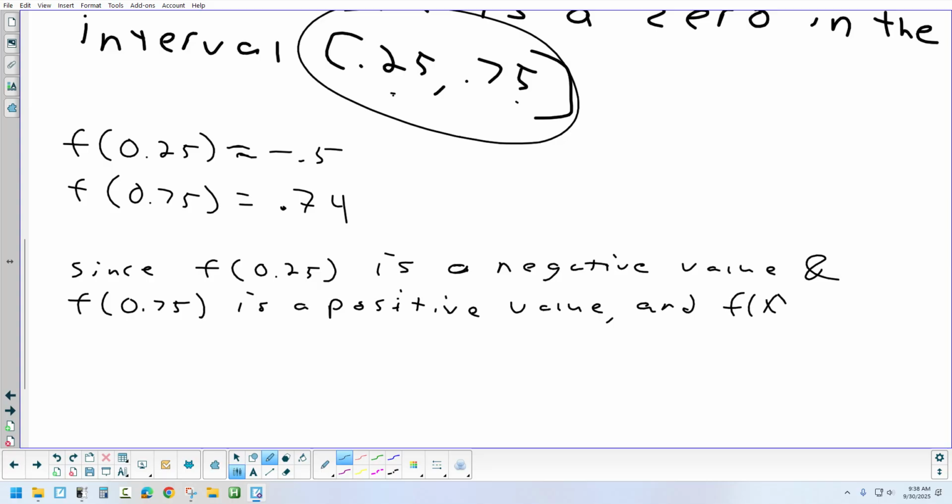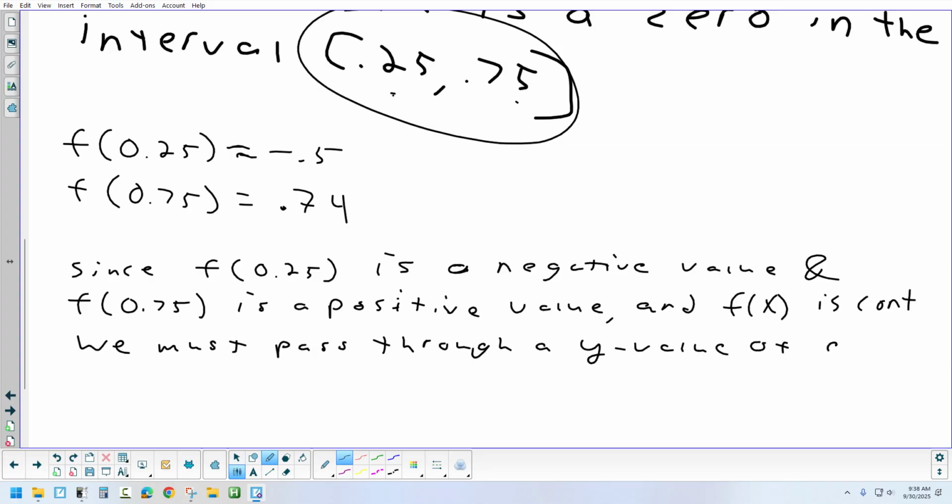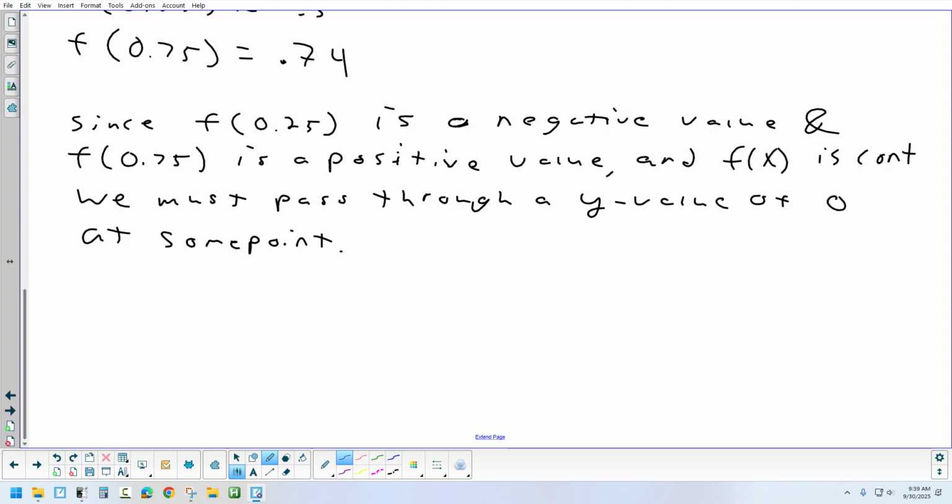And f of x is continuous. So since f of 0.75 is a positive value, and f of x is continuous, you must pass through a y value of 0 at some point. There's no way you could not.